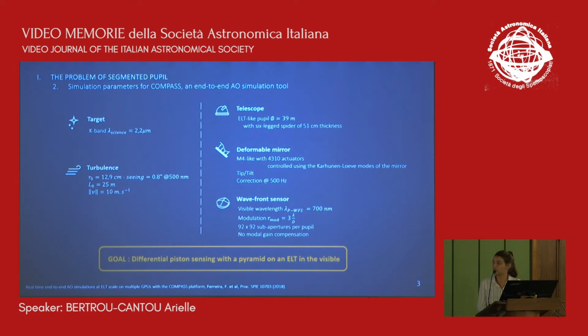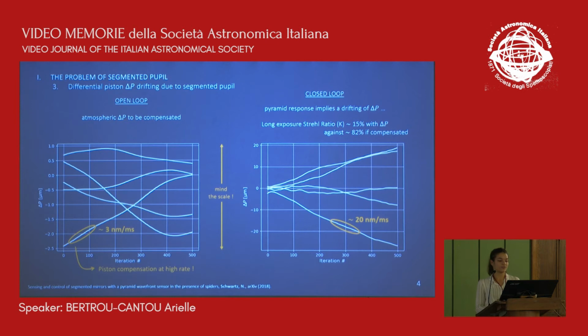And for turbulence, we have r0 of 12.9 centimeters, so a seeing of 0.8 arcseconds. For the pyramid, we are working in the visible with a modulation radius of 3 lambda over D, and all these simulations were made without any modal gain compensation. So to sum it up, we want to do differential piston sensing with a pyramid on an ELT in the visible.